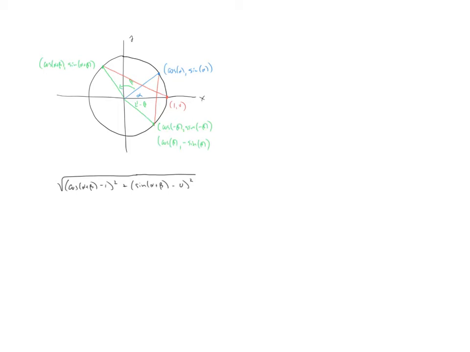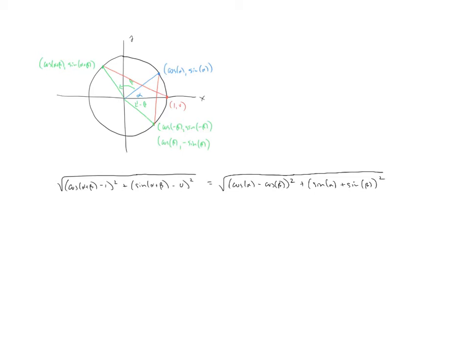Now I'm going to go ahead and set that equal to the distance formula between this point and this point. So that's going to be a big square root. We've got cosine of alpha minus cosine of beta squared plus sine of alpha minus negative sine of beta, so plus sine of beta squared, and that's again all square rooted.